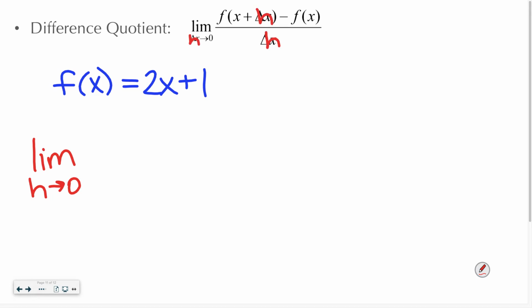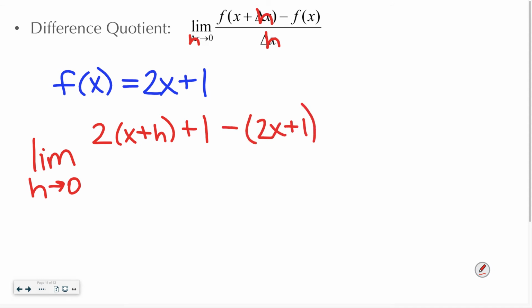All right. So f of x plus h means you're taking x plus h and you're plugging it in wherever there's an x, minus f of x. Please make sure you put it in parentheses so that subtraction goes throughout the entire function, all over h.